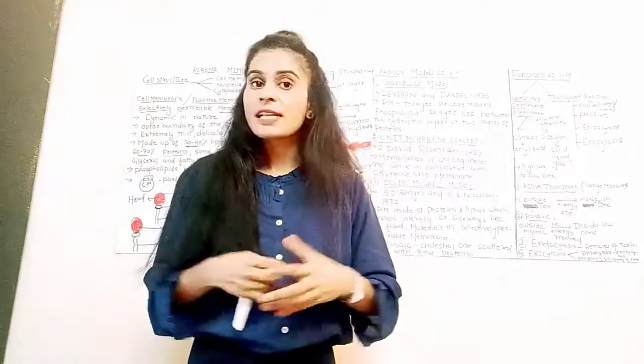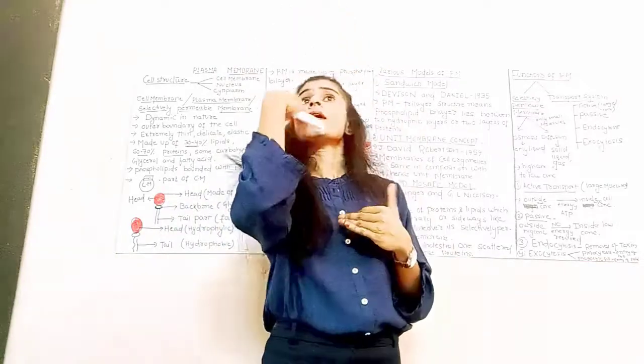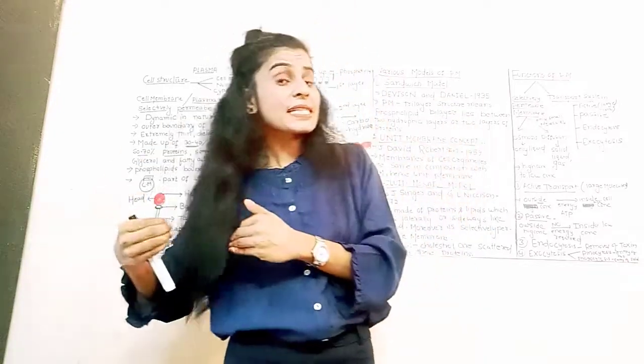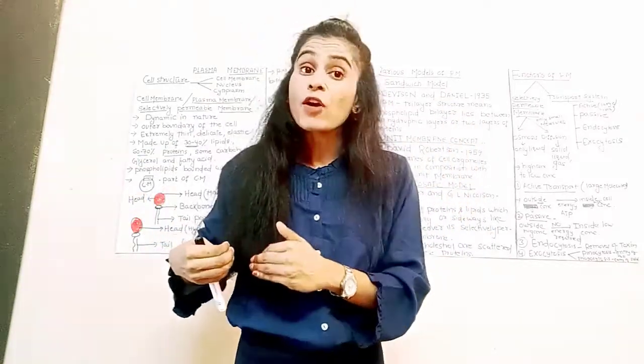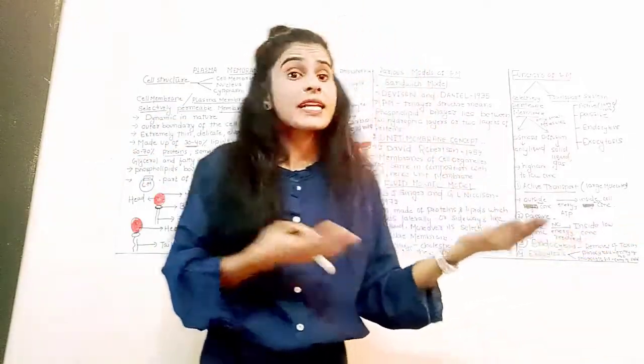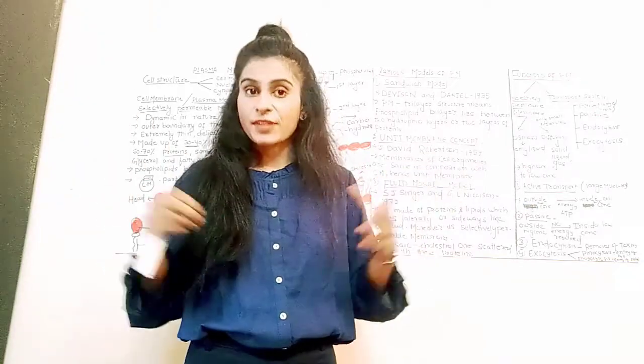In our body itself, we are inhaling oxygen and exhaling carbon dioxide. How does oxygen enter into our cell? It's because of the diffusion process. How does carbon dioxide move out of the cell? It's because of the diffusion process, depending on the concentration.